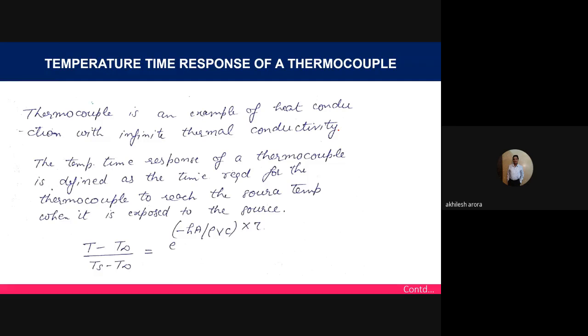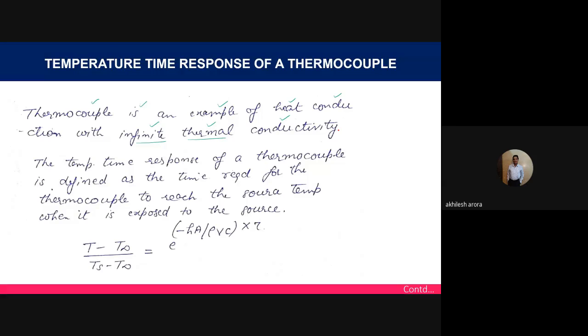Now the thermocouple is an example of heat conduction with infinite thermal conductivity. Usually when we think of a thermocouple, we know that it would be able to measure the temperature very quickly. But how is it made to do that? That is because its thermal conductivity can be considered as infinite.